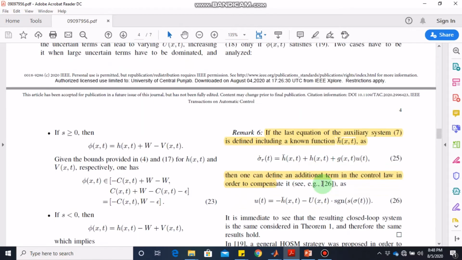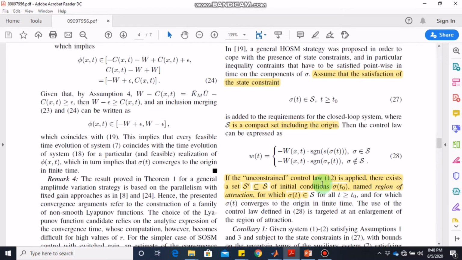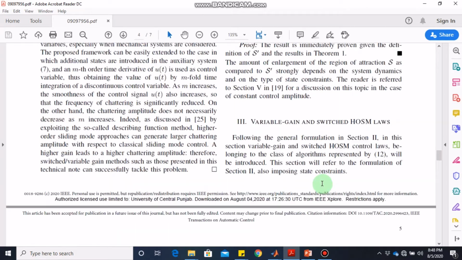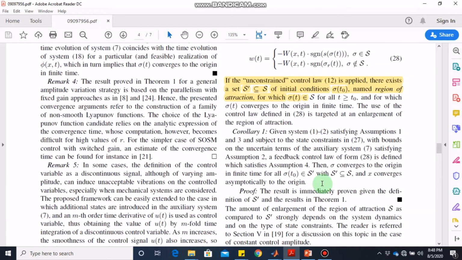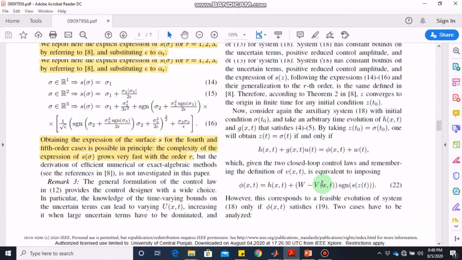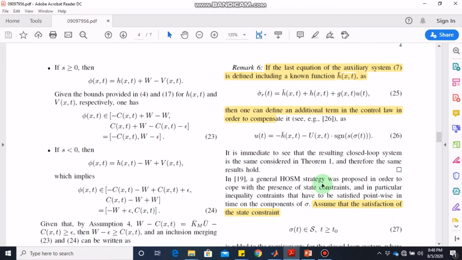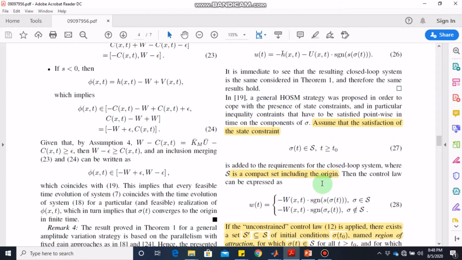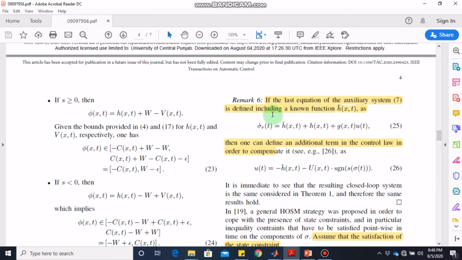And then this paper presents some remarks. So this was the general framework, and after the general framework, they have stated an interesting fact: if the rth derivative of the output has another function which is completely known, then it does not matter, the results of the paper will still apply.